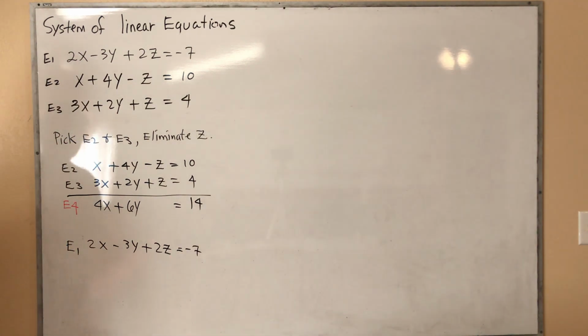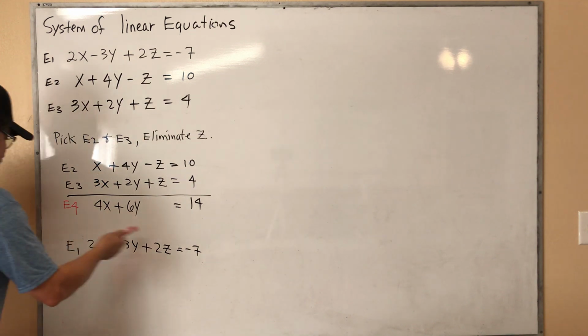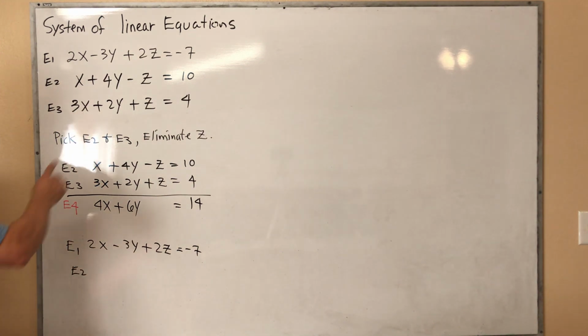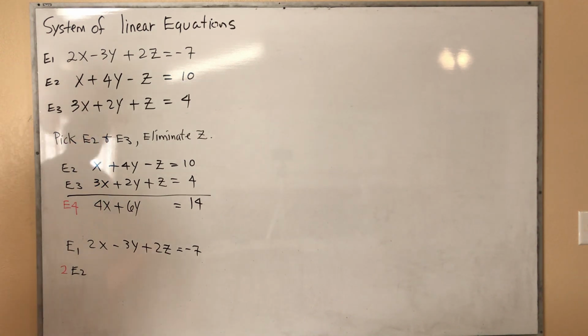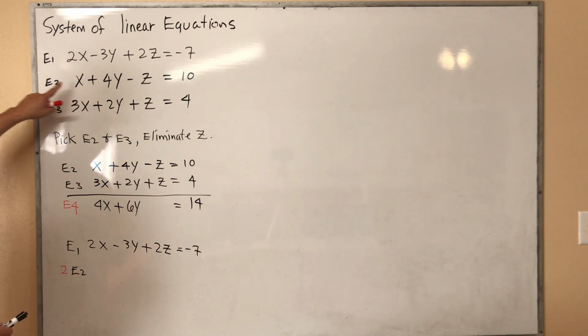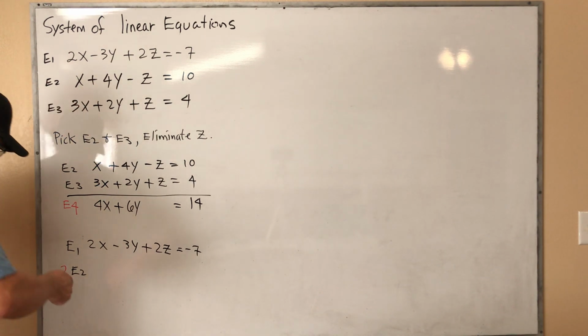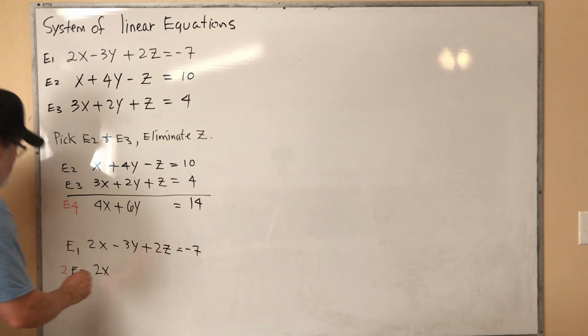And now equation 2, remember, I gotta stick to z. I gotta eliminate z again. Equation 2, I gotta multiply by 2. Not a problem. This by 2. So what's 2 times x? 2x.